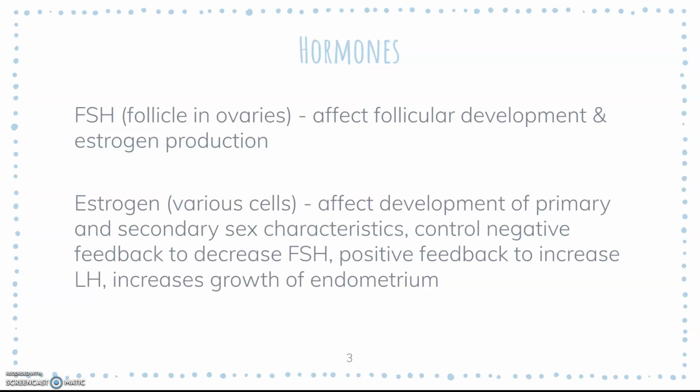All of those things are secondary sex characteristics. It is also part of the control of the negative feedback loop. Once estrogen is secreted at high enough amounts, it's going to decrease FSH. And this is one of the few times you're going to see a positive feedback loop. The positive feedback is to increase LH and then also help with development and growth of the endometrium.